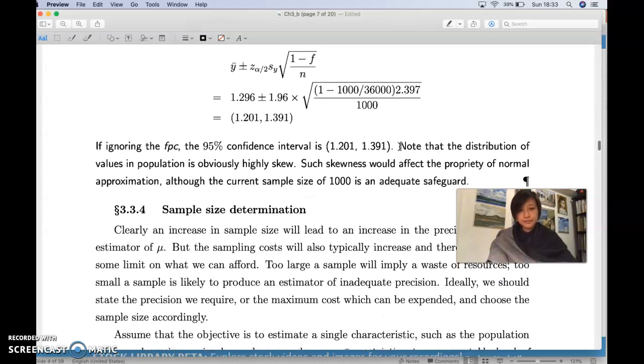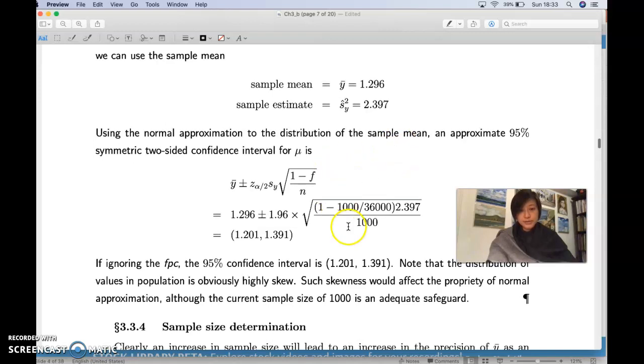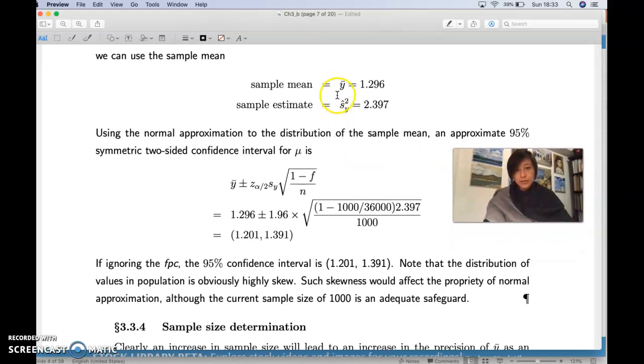Having a sample size of 1,000 is good enough that we assume the sample mean y bar follows a normal distribution. And we are quite confident to say that, on average, the true value of mu actually falls within this range of 1.201 to 1.391 days per worker.